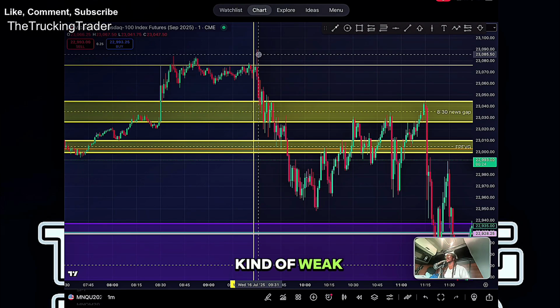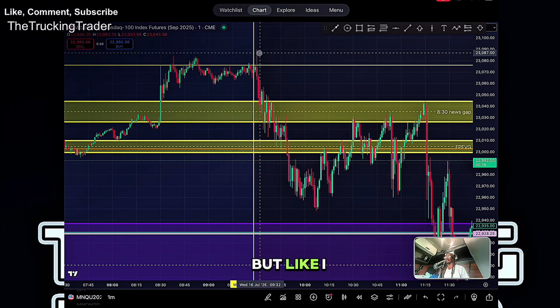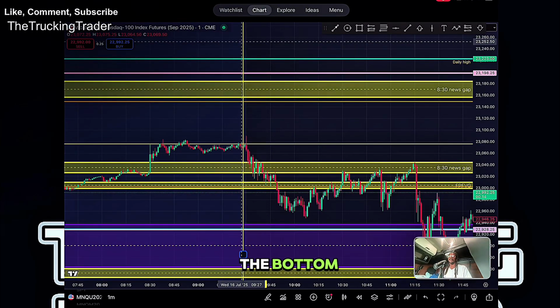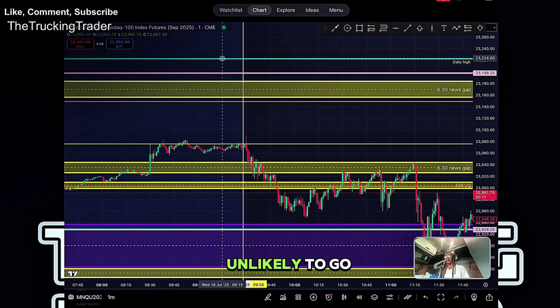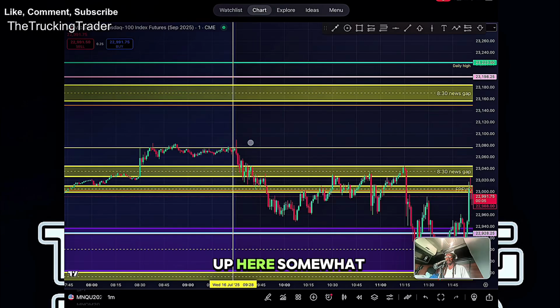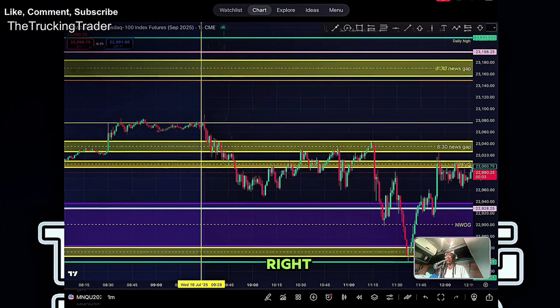The market is kind of weak. It's breaking out the bottom. Not really saying it's downtrending on the daily time frame, but like I said, if it has already broken out the bottom, and it's very unlikely to break out the top, then we're going to start looking for sells if we're already up here somewhat near the top, right?